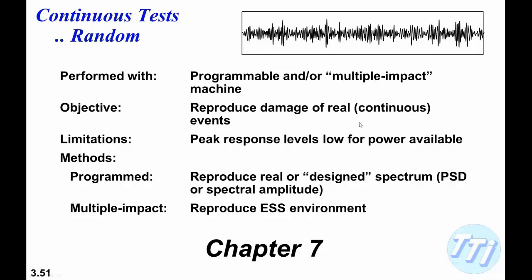The limitations are that peak response levels are low for the power available. If we're doing a random test, we can't put a lot of energy into one particular frequency, as contrasted to sine testing. The methods are programmed, reproducing a designed history with a shaker, or multiple impact, reproducing an ESS environment. We'll discuss these operations in Chapter 7.